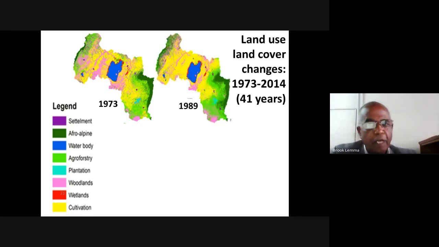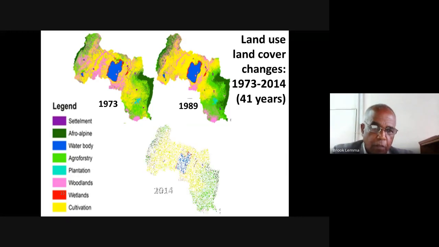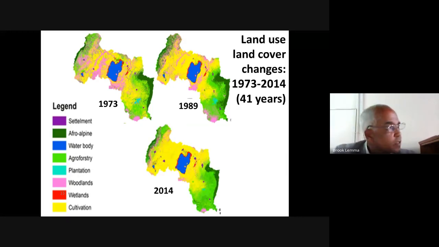By 1989, the patterns started to get skewed: the purple color started to disappear very slowly, and the cultivated yellow area started to increase so much. By 2014, the cultivated area was so extensive that almost all the purple woodland, forest parts, grazing places, and bushlands were taken over.